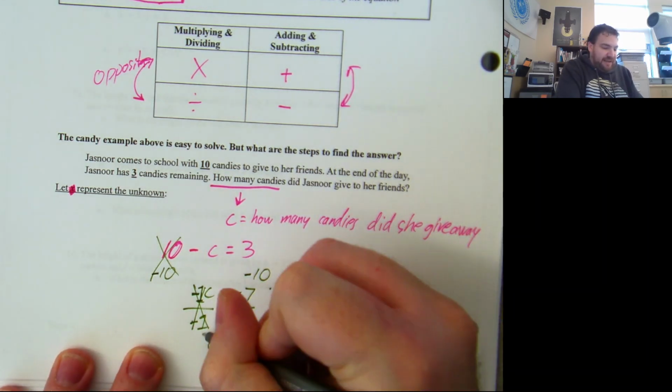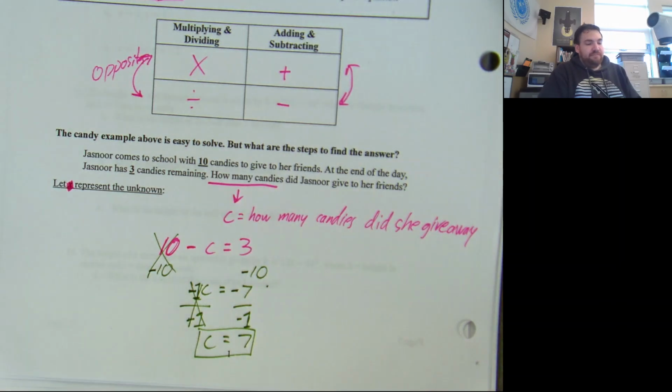So C equals 7. Which is what Scarlett said 10 minutes ago. It just took a lot more time to get there. But again, this is all about showing you guys a set of techniques so that you can tackle anything, even the things that aren't as easy to do in your head. When you're ready, flip the page.